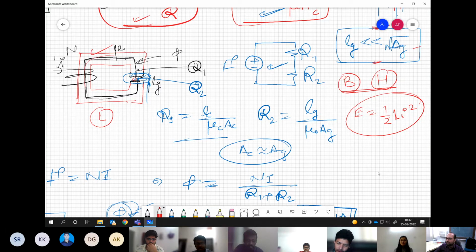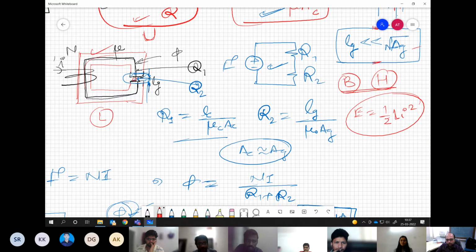No, sir. If air gap is more, then the inductance is lower. No, that's okay. See, for this system, let's say there is some energy U associated with this system. Now, what I'm trying to understand is where this energy is going to be stored.